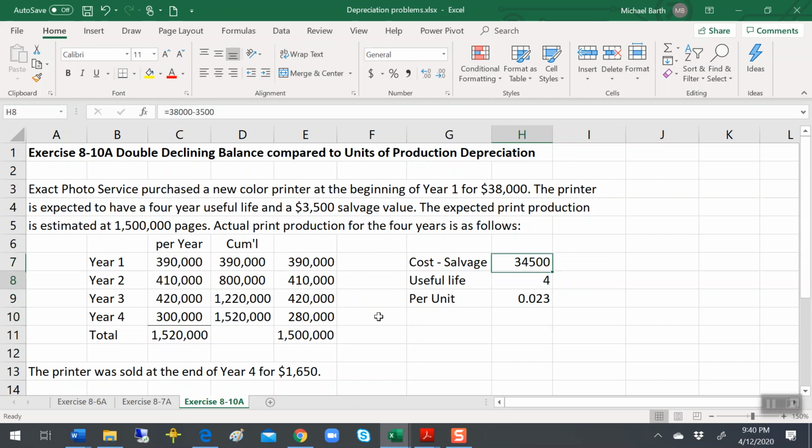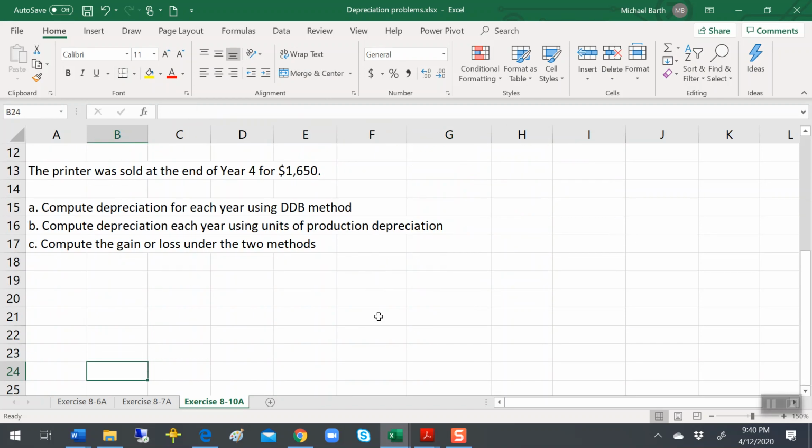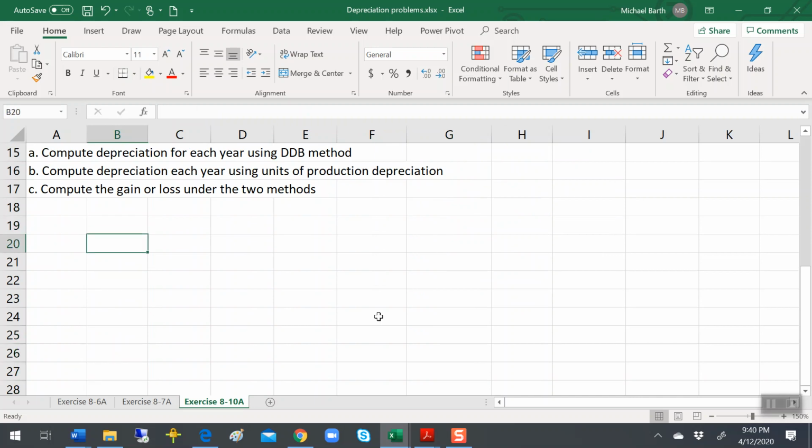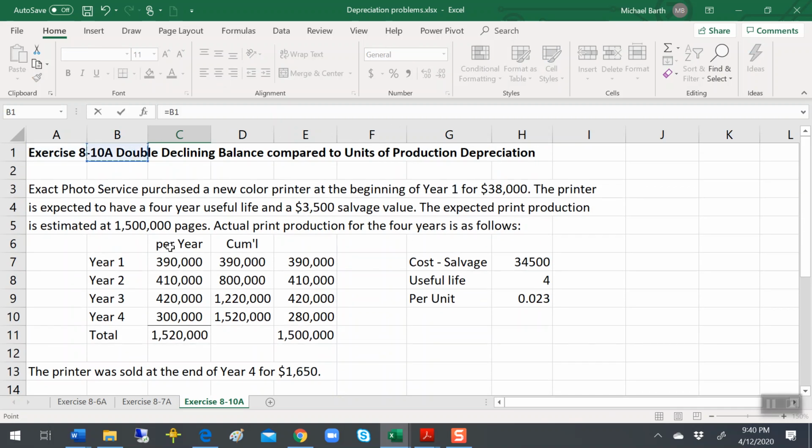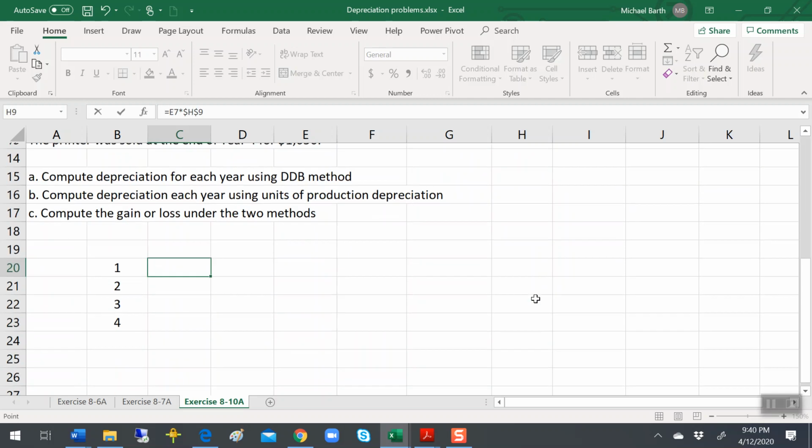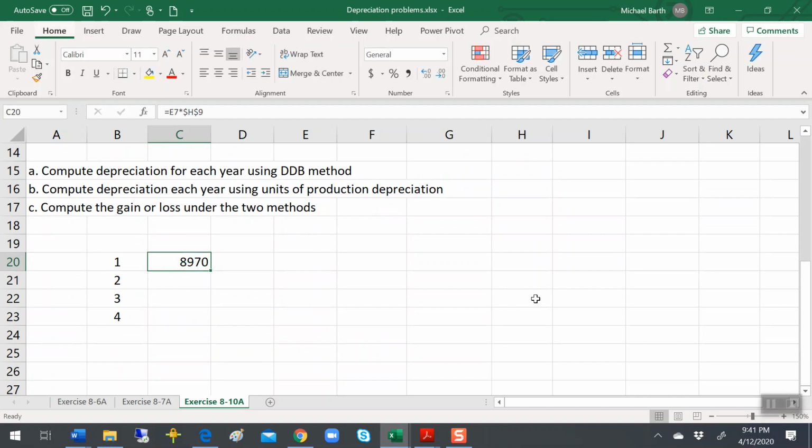Okay, so with this particular method, for years 1, 2, 3, and 4, for the units of production method, we would simply take the units times the cost. And the grand total of that's going to be $34,500.